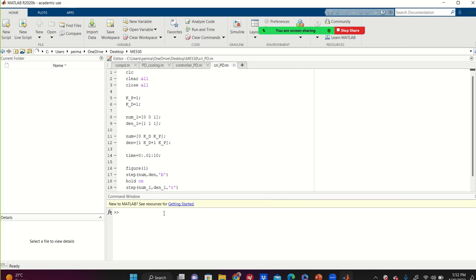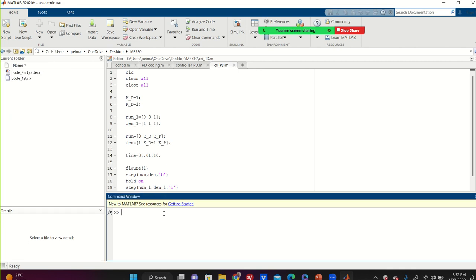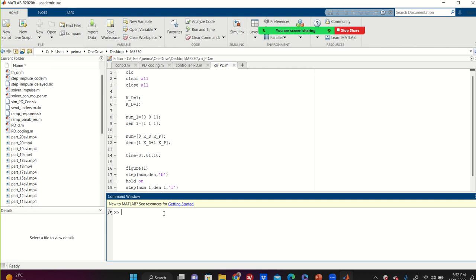Okay, let me see. Num is a third order system. A equals 1 and 1.